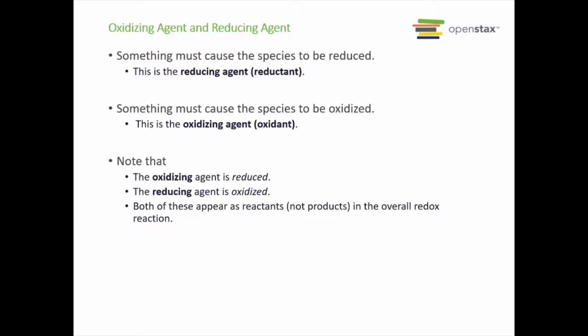So the oxidizing agent is reduced, the reducing agent is oxidized, and both of these end up being reactants in the overall redox reaction. So this is one thing that's really important to remember. The oxidizing and reducing agents are reactants in our overall redox reaction. They are not products. And you have to have both in a redox reaction. You can't just have something be oxidized and nothing be reduced. There's a balance.